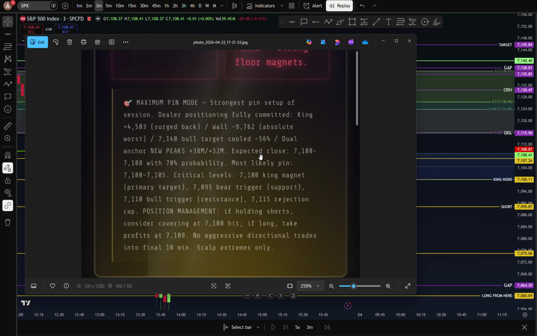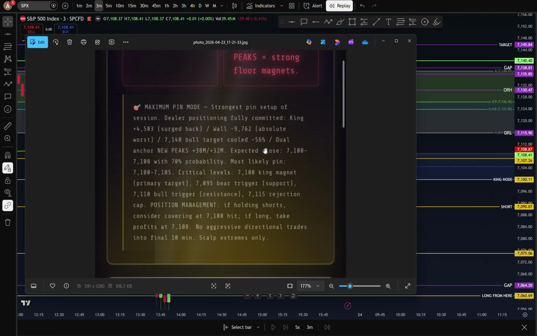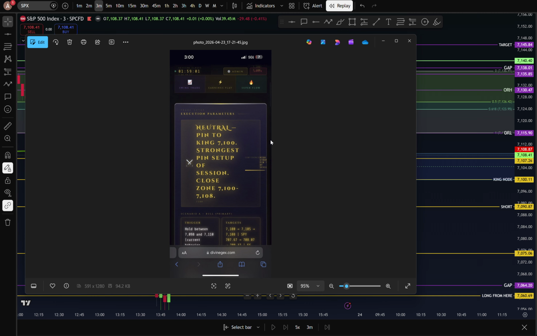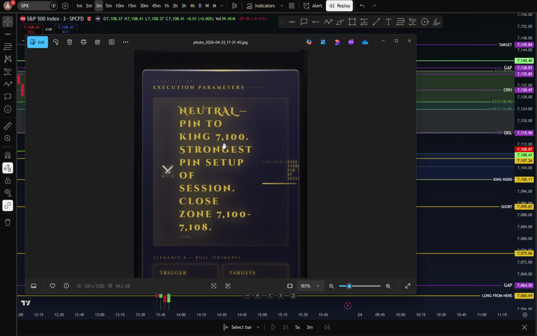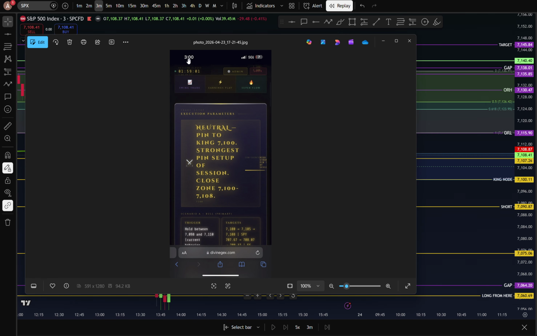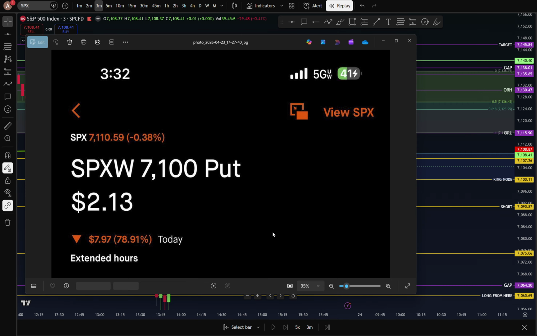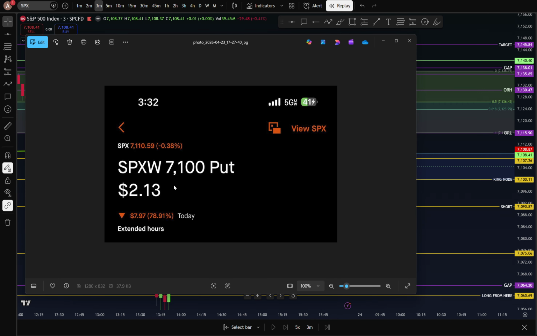It says expected close 7,100 to 7,108, and explains everything. And again it mentioned here, neutral pin to pin, this strong session close zone, around 3 o'clock and around 3:32. Look at this. This was the put I was mentioning.